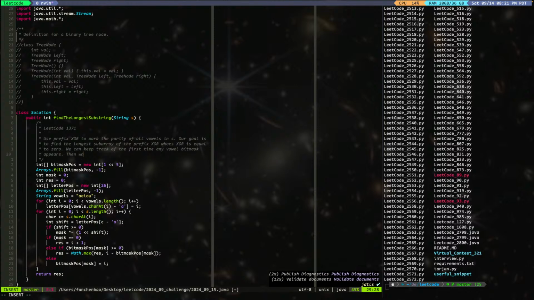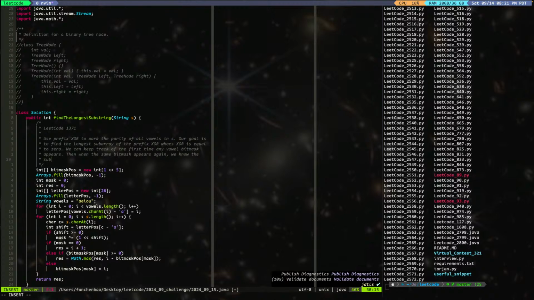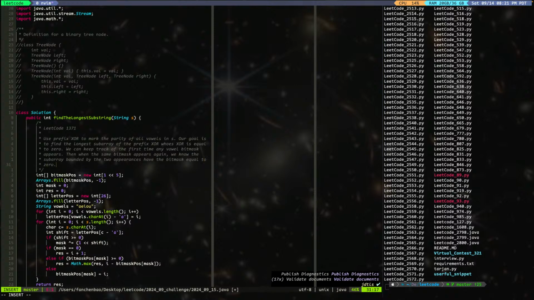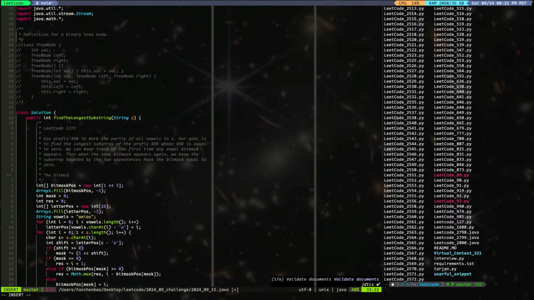Then when the same bitmask appears again, we know the subarray bounded by the two appearances has the bitmask equal to 0. The bitmask is a way to mark the parity.